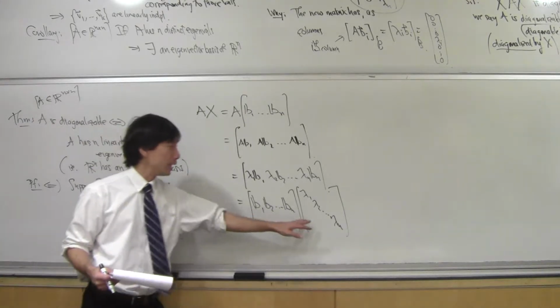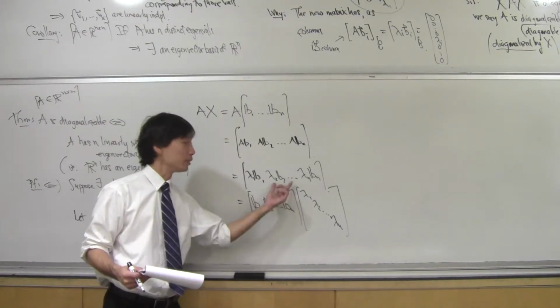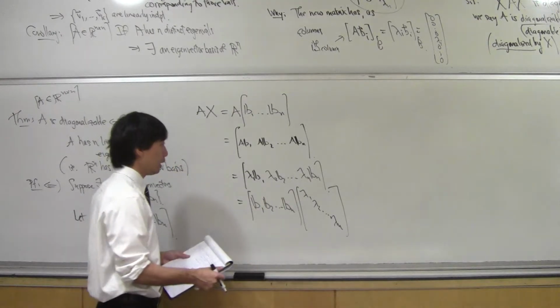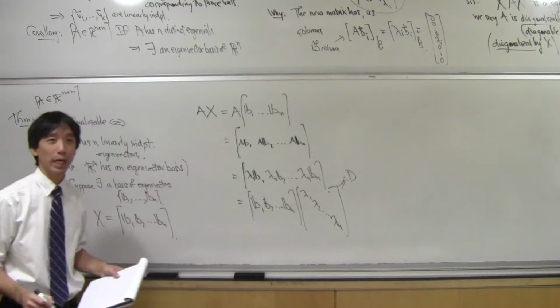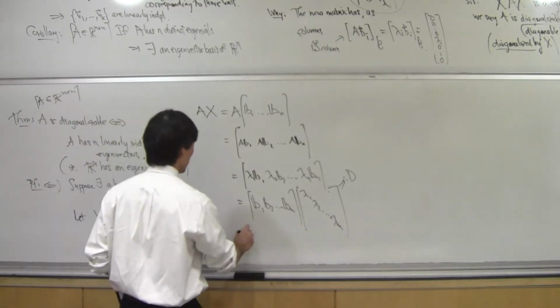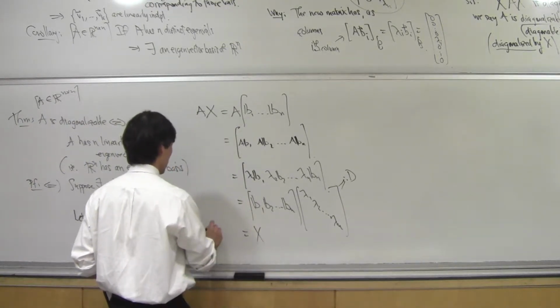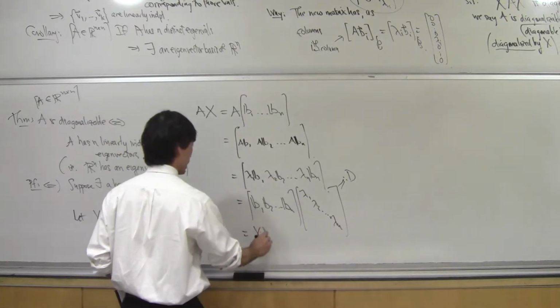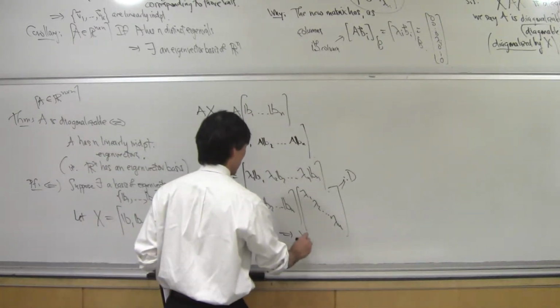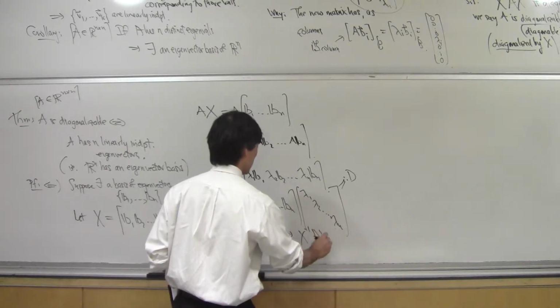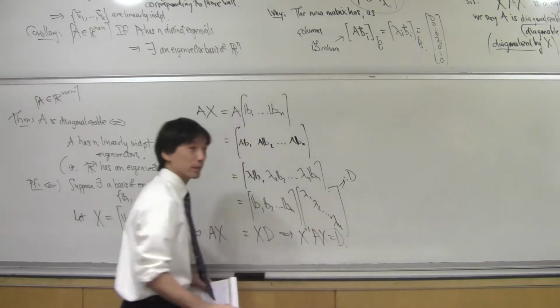You see these are the same. Let's call this thing D for diagonal. And what you see is that AX equals XD. In other words, X inverse AX is this diagonal matrix.